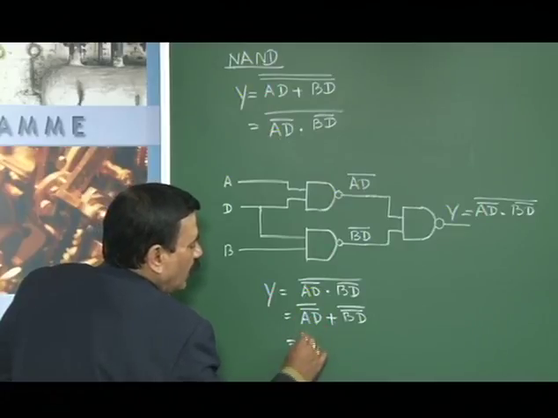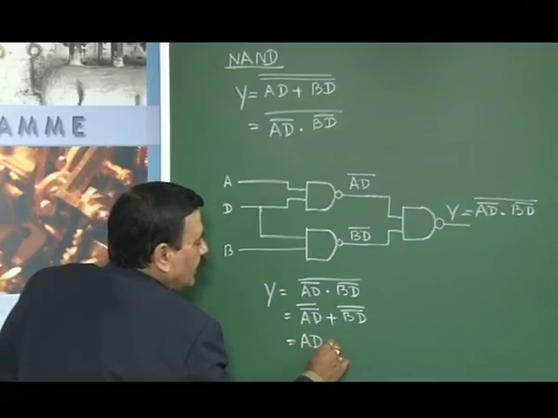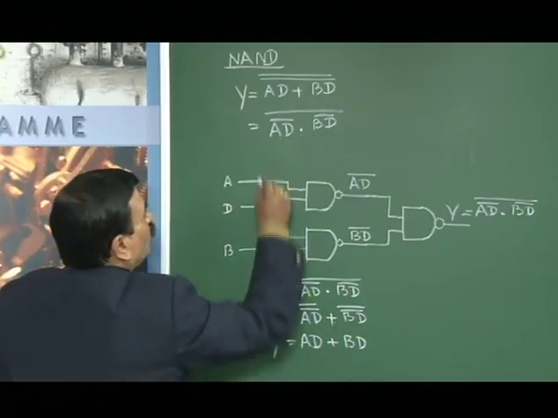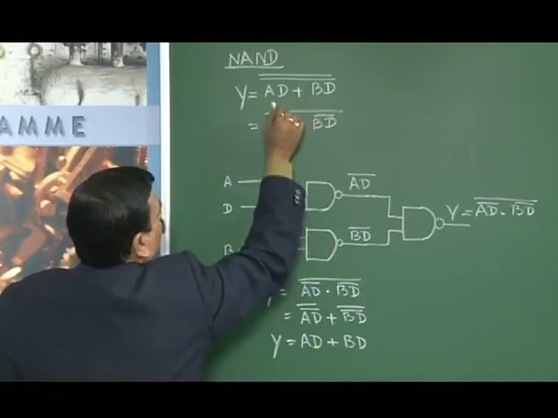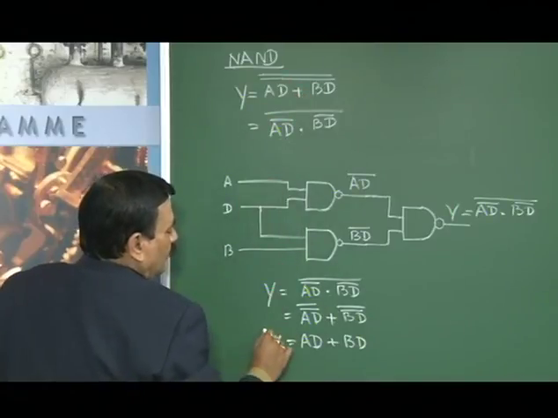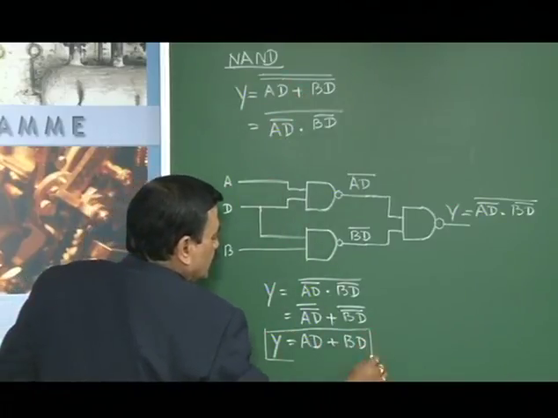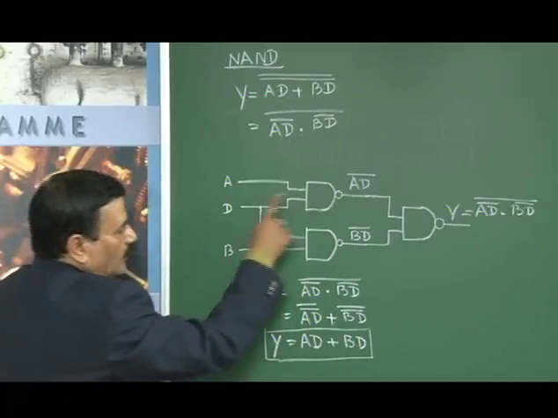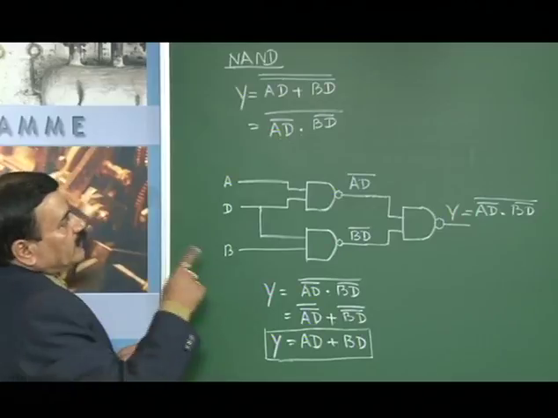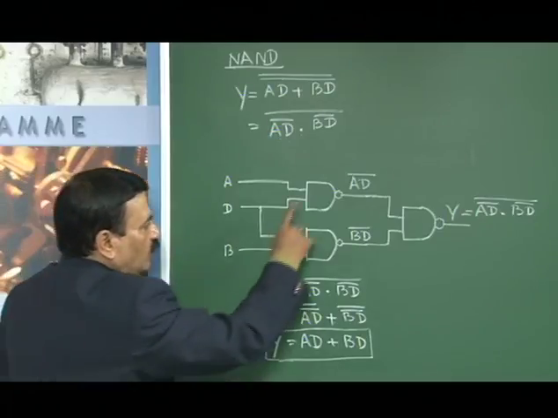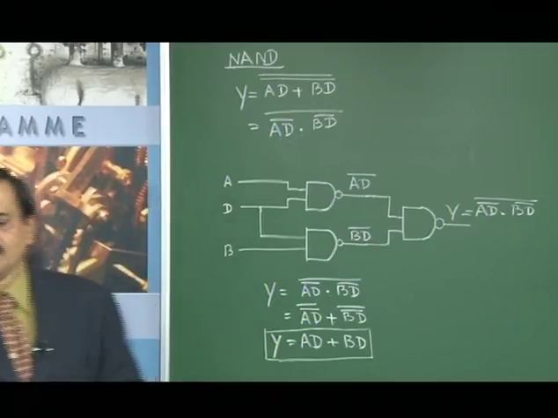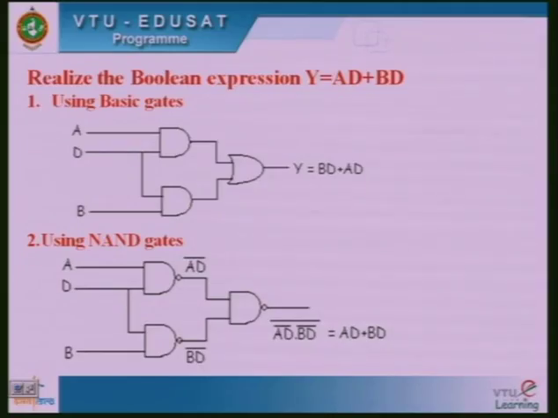The double bar cancels, and then we get AD plus BD, which is the original value of the equation before applying the double complement. So this is the checkpoint. This shows that the calculations are correct, and the implementation of the given expression with NAND gates is completed. Once again we will go to the next slide.